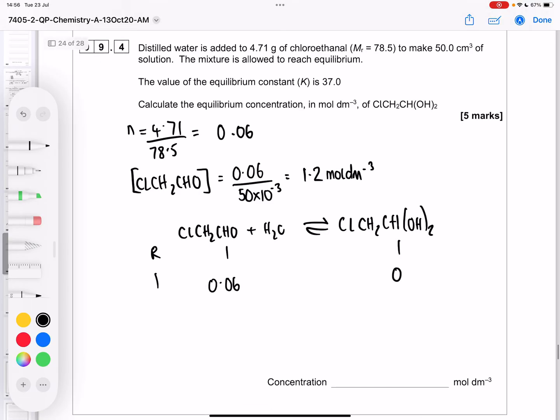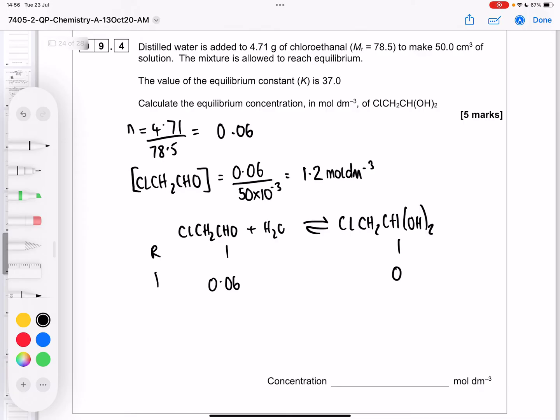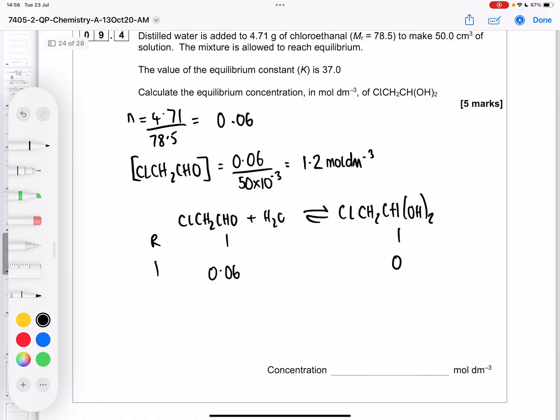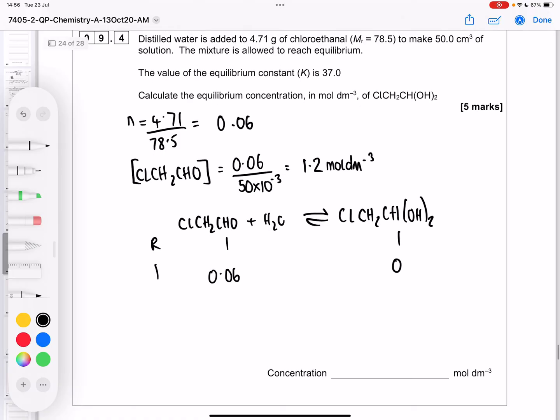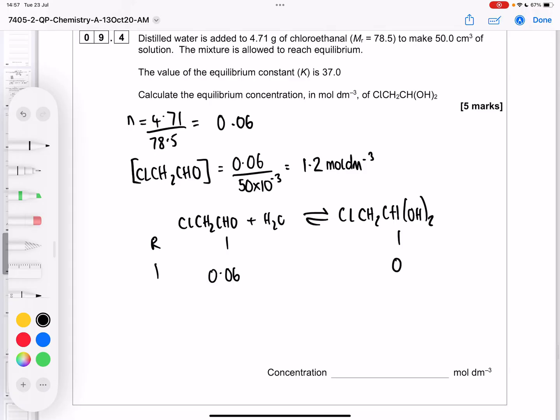And then we're being asked to find out the equilibrium concentration of ClCH2CHOH twice. So this will have gone up by x and this will have gone down by x, so 0.06 minus x.